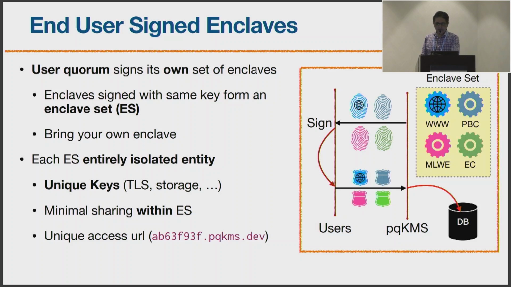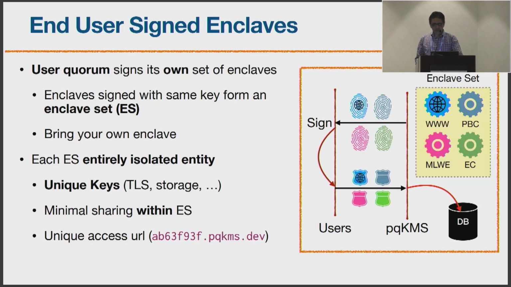And even within these enclaves, there is a permission system which allows you to control which keys can be exported to which other enclave. So for example, I may want to wrap an elliptic curve private key using, let's say, Kyber, in which case I will have to transfer that elliptic curve private key to the MLWE module. But you have to give permission to both sides to actually communicate these kinds of information.